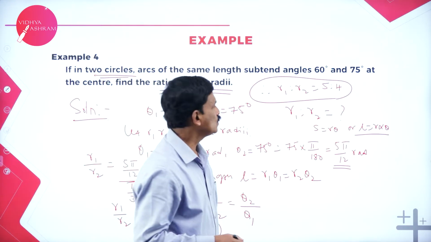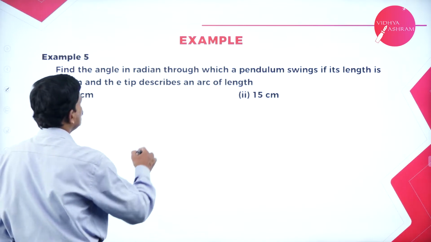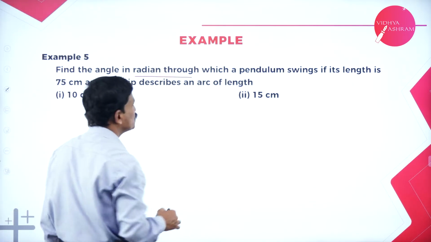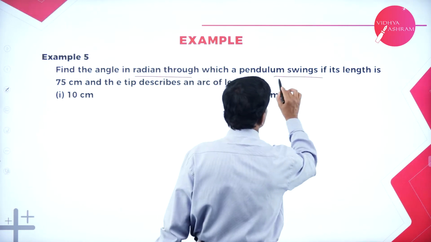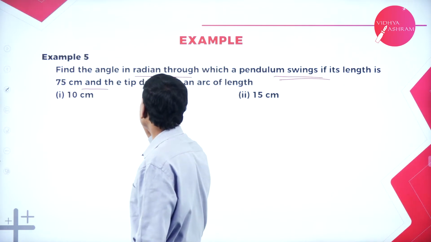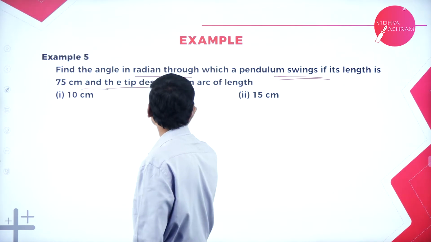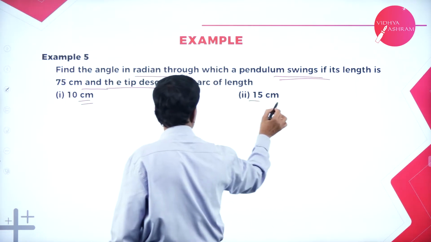Okay. Now, let us come to the next problem. Find the angle in radians through which a pendulum swings, if its length is 75 centimeters and the tip describes an arc length of 10 centimeters and 15 centimeters.